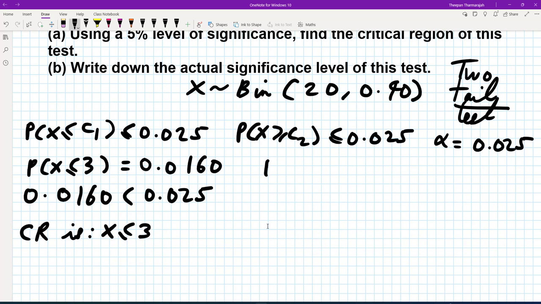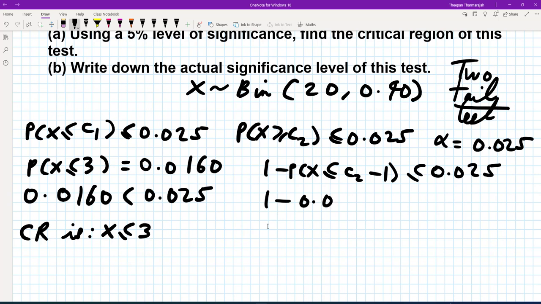In this case, we're going to do 1 minus the probability that X is less than or equal to C2 minus 1 is less than or equal to 0.025. So I'll improve the clarity of that. So we're going to do 1 minus 0.025 is less than or equal to the probability that X is less than or equal to C2 minus 1.